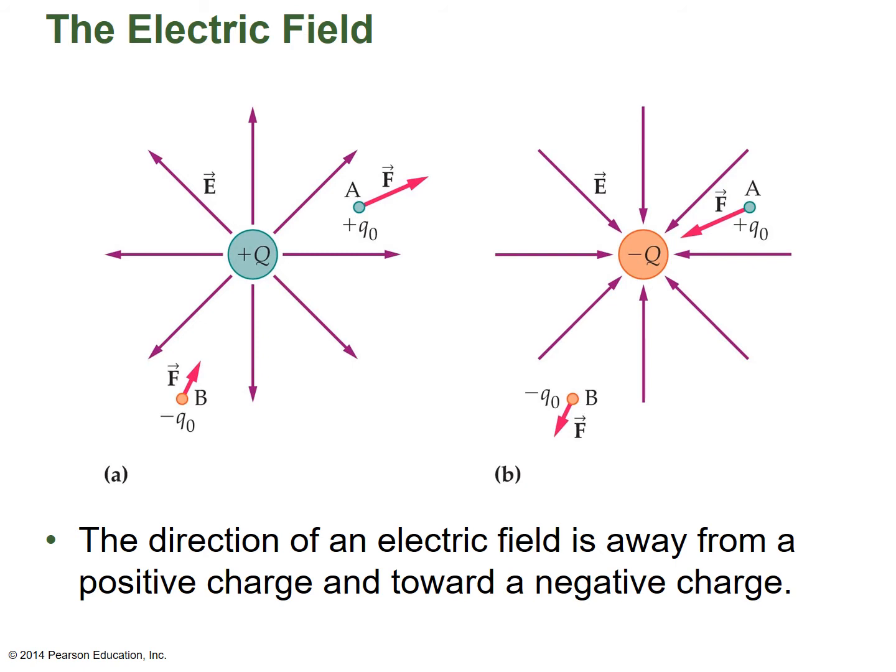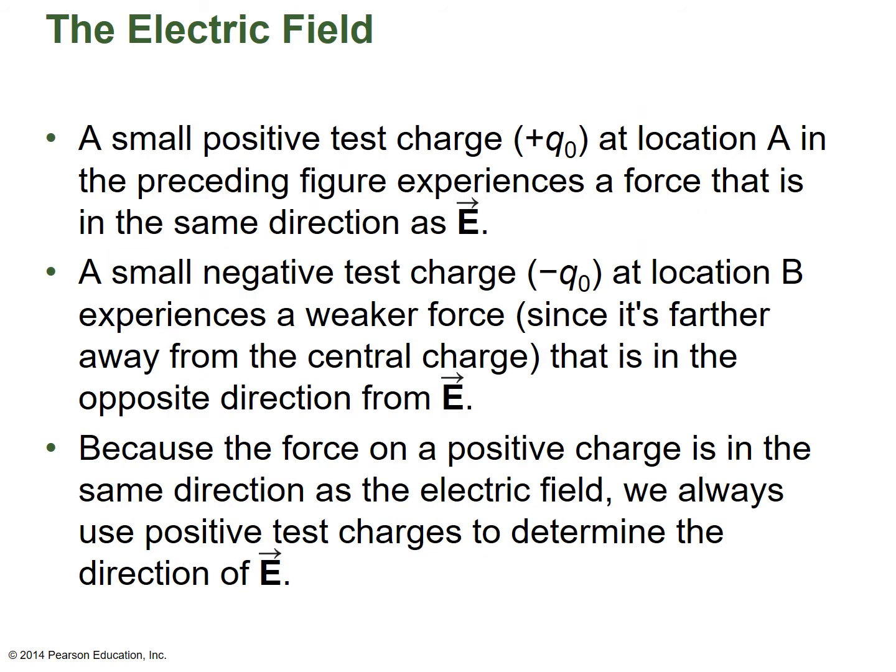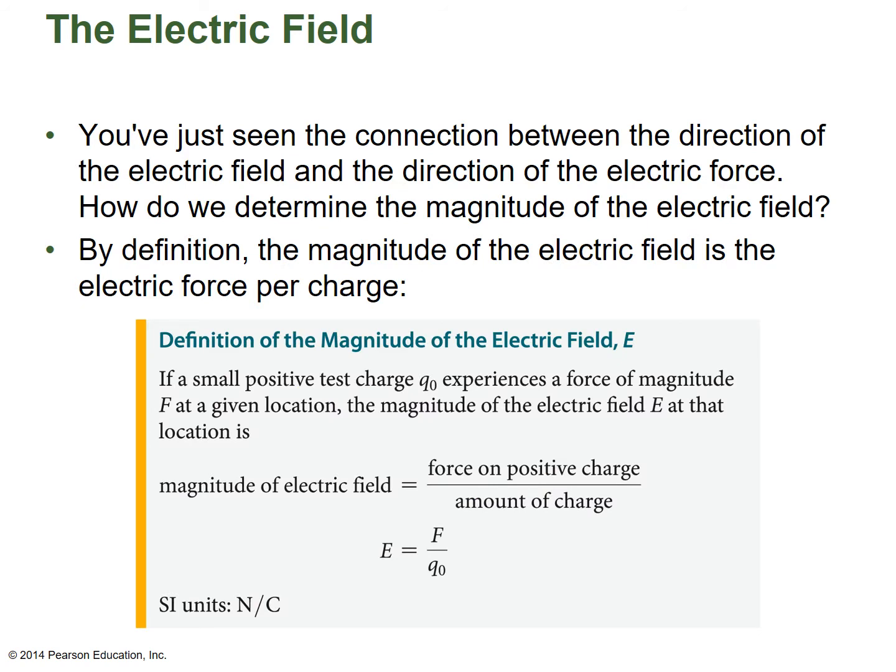But the difference between figure A and B is in the direction. In the first case, the electric field lines appear as originating from a plus Q, and in part B, as you see, the electric field lines appear to terminate on the negative charge. So I explained this slide on the figure.